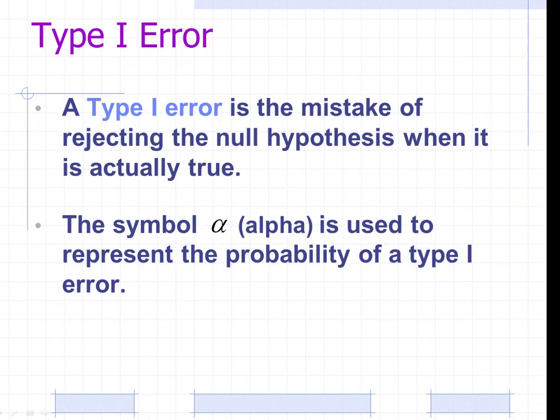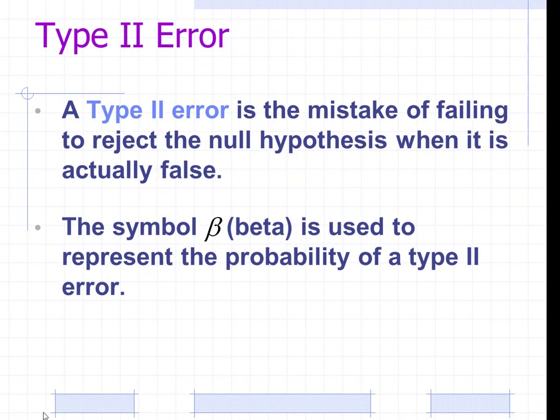So let's talk about type 1 and type 2 errors. A type 1 error is mistakenly rejecting the null hypothesis when it's true. And we set that when we set alpha. So alpha is the probability of a type 1 error. When we set alpha as 0.05, we are setting the probability of a type 1 error at 5%.